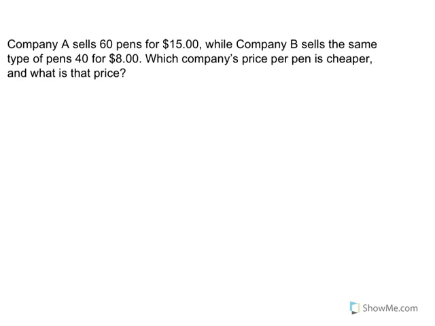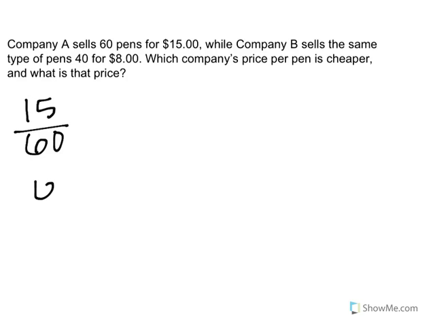We have 60 pins for $15 for Company A. How do we find out how much per pin that is? Well, we know that we have $15 for 60 pins. We have to divide this out.